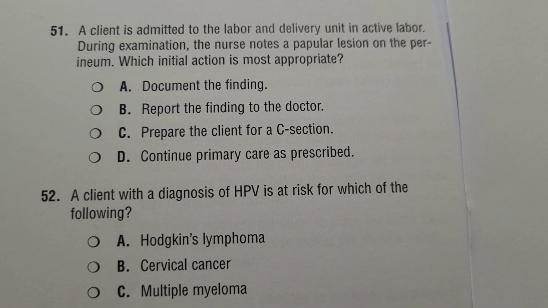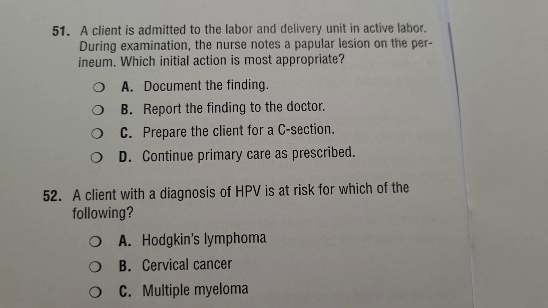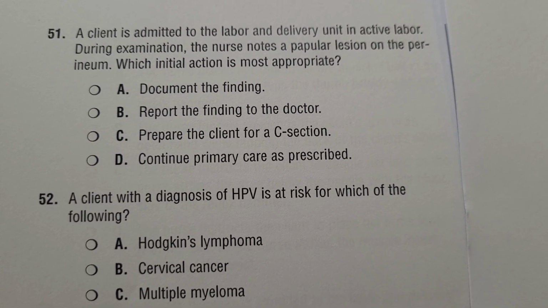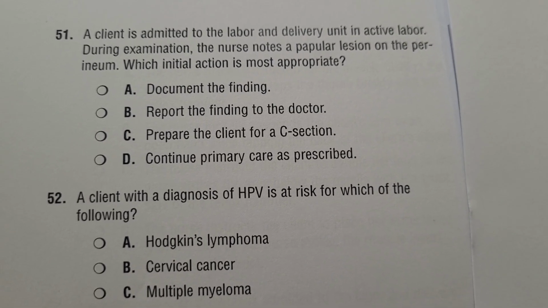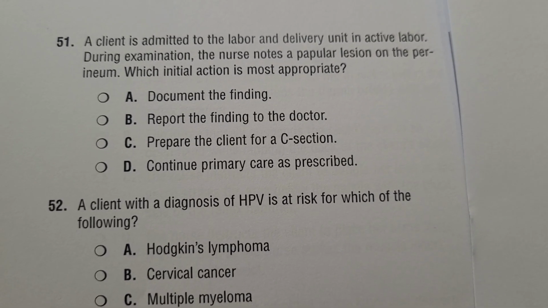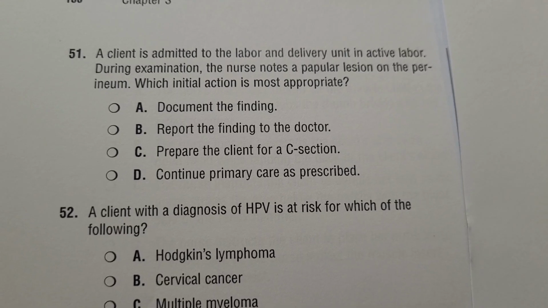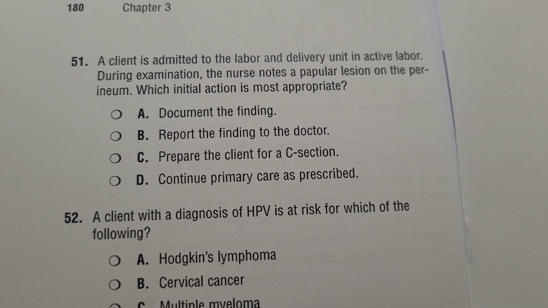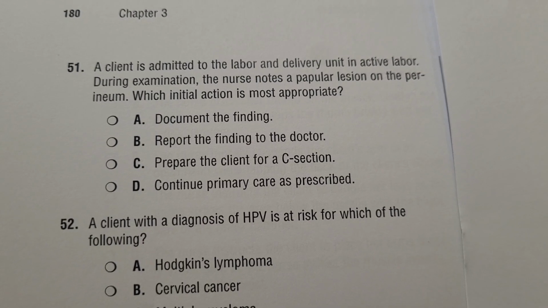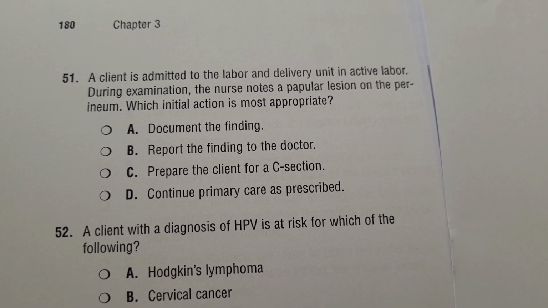So number A, document the finding. Number A is incorrect because documentation alone is not the proper action, because this is not enough when the patient has a papular lesion. Papular lesion means the patient may have a herpes lesion.